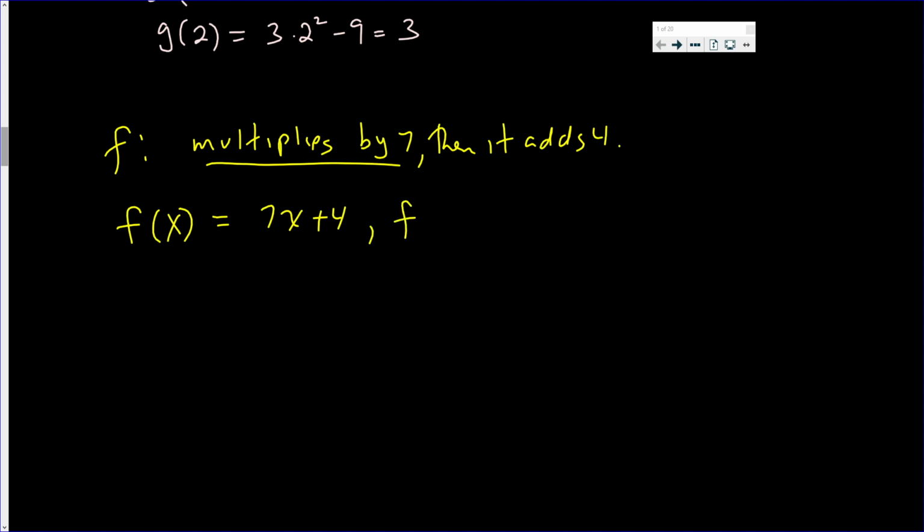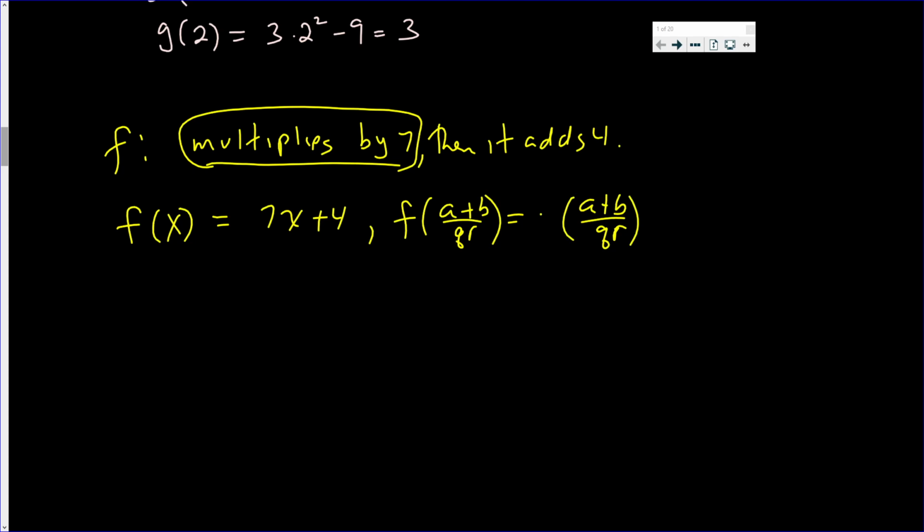You could have said f of a plus b over qr. If that's what you want to call what goes in the brackets, fine. I have to multiply it by 7 and then add 4.